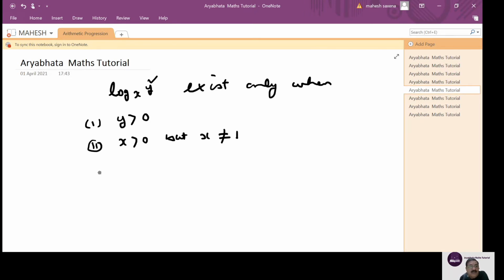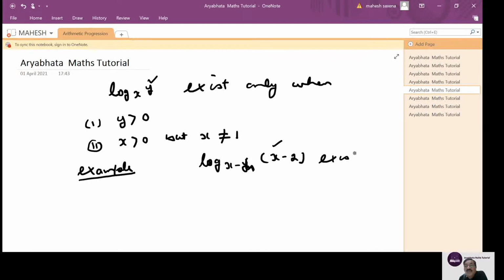For example, suppose log base x minus 4 of x minus 2. Question comes, what is the value of x when log base x minus 4 of x minus 2 exists?